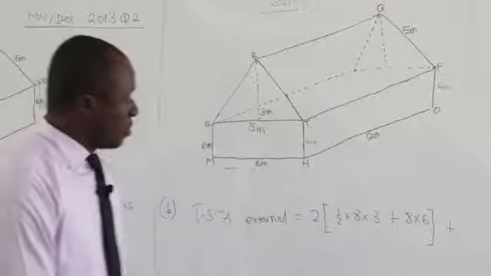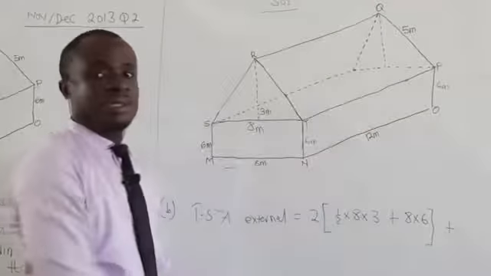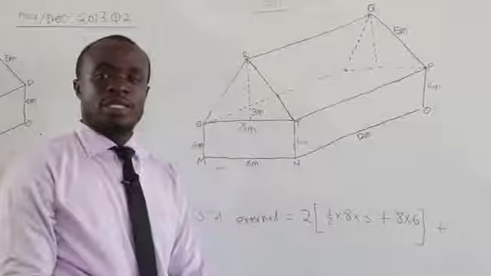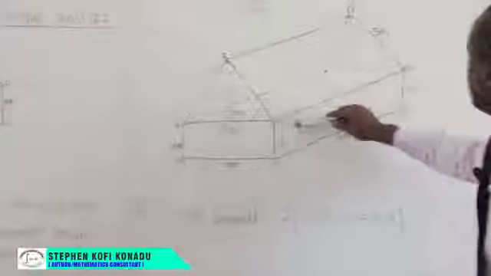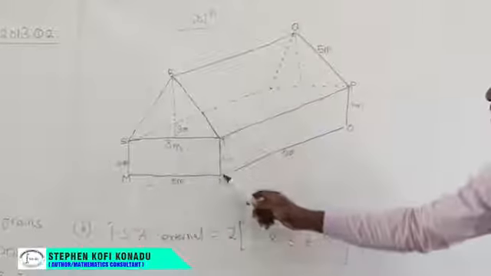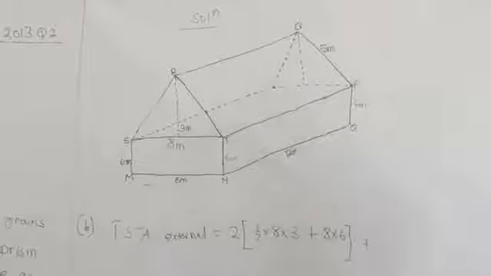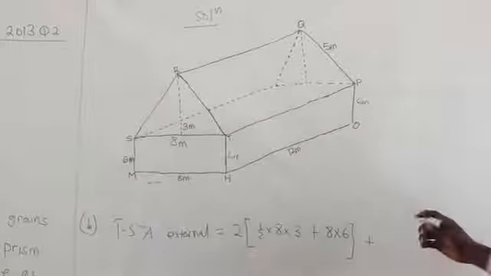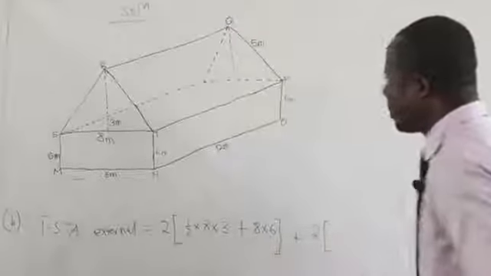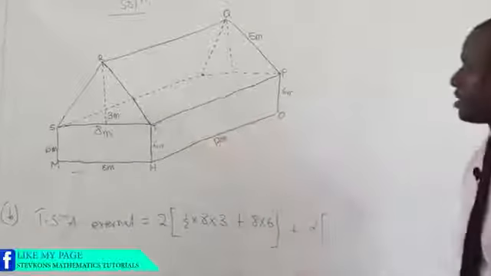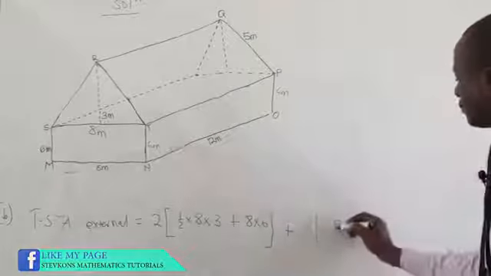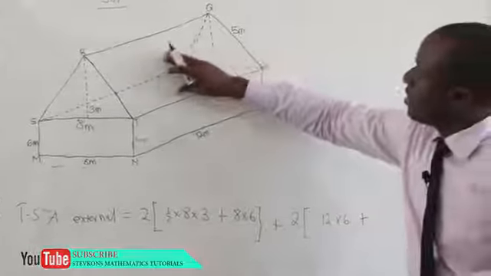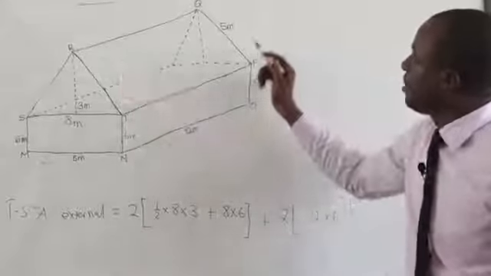Now we are also left with the front side. Clearly, the front side is made up of 2 rectangles: rectangle RTPQ and also TNOP. This side too is the same as the back side. So I'll bring a factor of 2 outside, bring a bracket. Now this rectangle is going to be 12 times 6, plus this very rectangle, RTPQ.